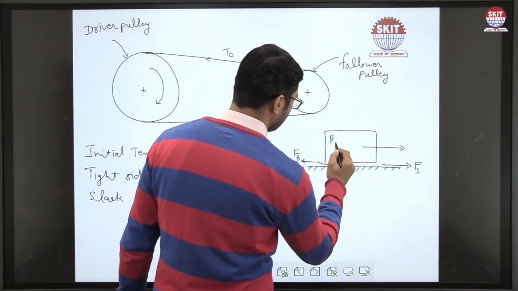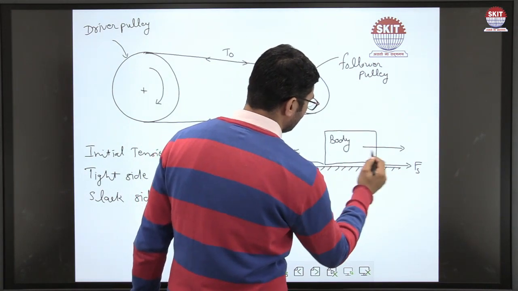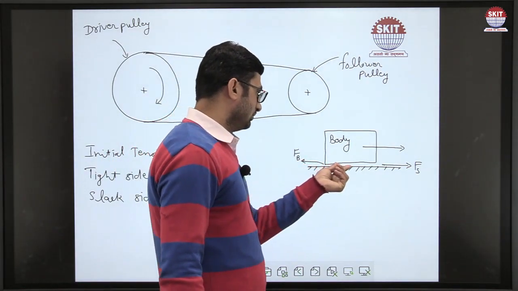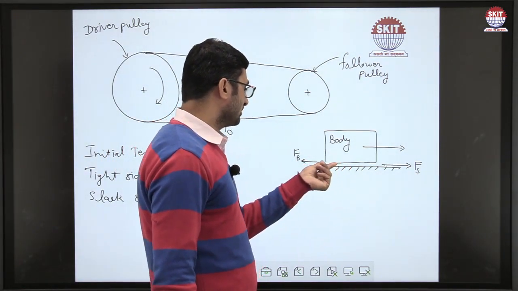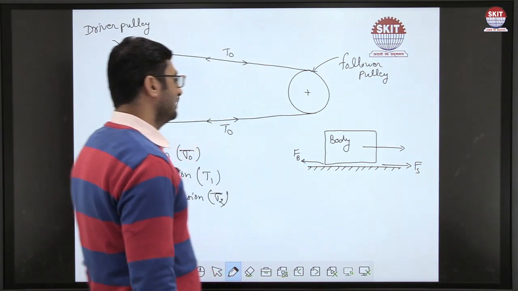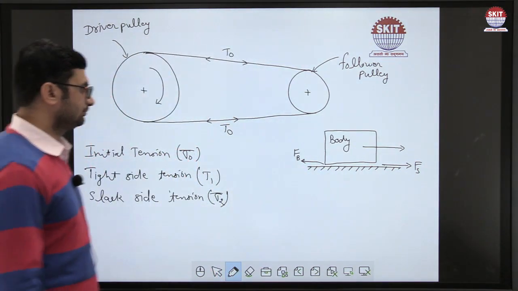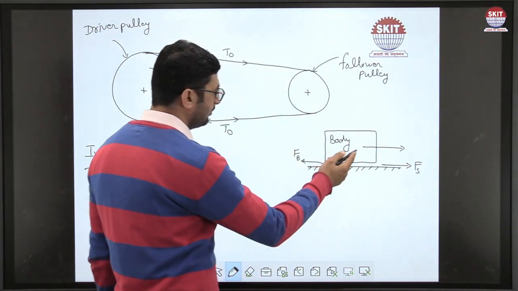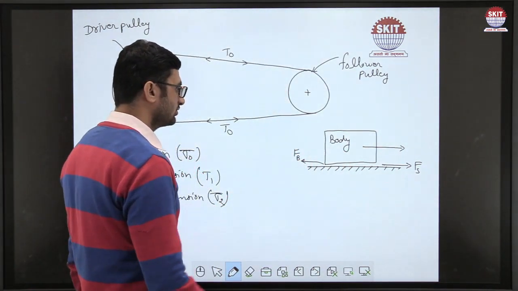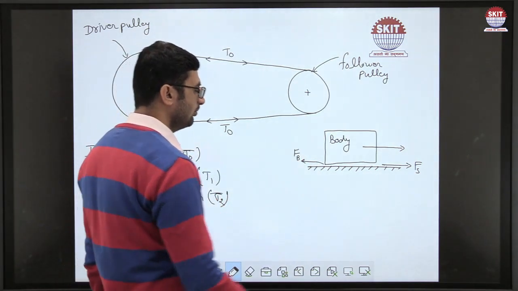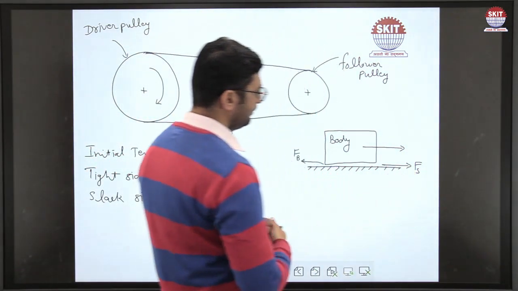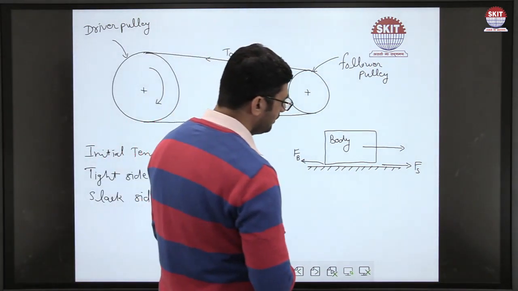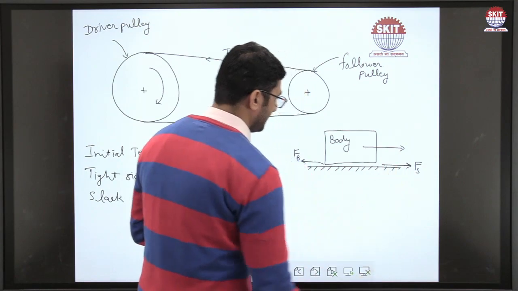This is the body which moves in this direction, then both surfaces, the fixed surface and the body surface, which are in contact, have friction force. The bottom surface of the body has the friction force in the opposite direction of the motion, and the fixed surface on which the body slides or moves has the friction in the same direction.